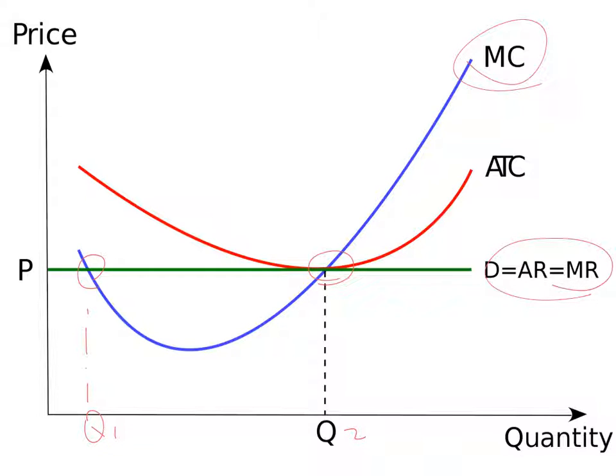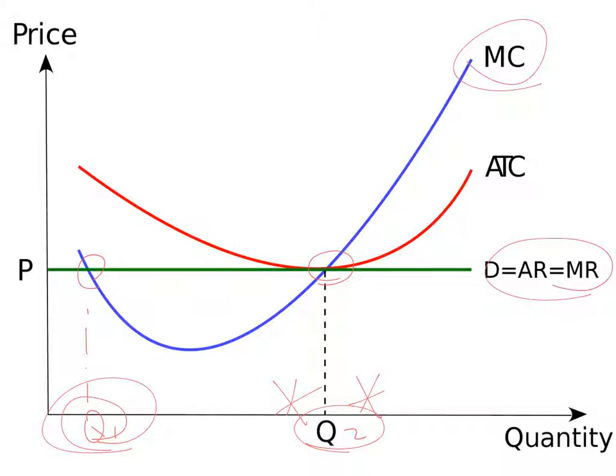Now you might think, if you use the simplified version of the profit maximization rule, that there are 2 optimal quantities. No, there isn't. There's only one, because we always seek out the highest level of output at which marginal revenue is greater than or equal to marginal cost, and that would be at Q2.